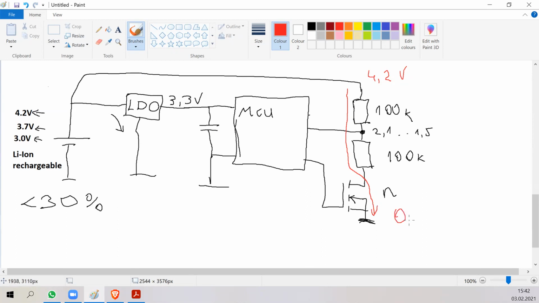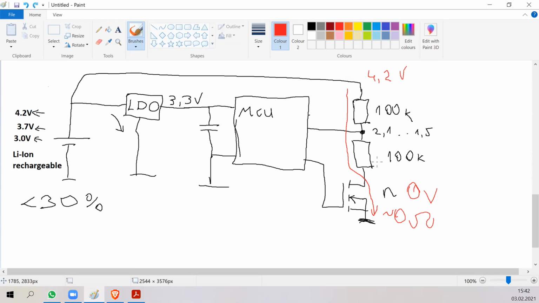It has practically 0 ohm resistance, so 0 volt voltage drop. You can just imagine that it's a connection without resistance. And the mid part is 2.1 to 1.5 volts, which is correct. Everything works correctly so far.